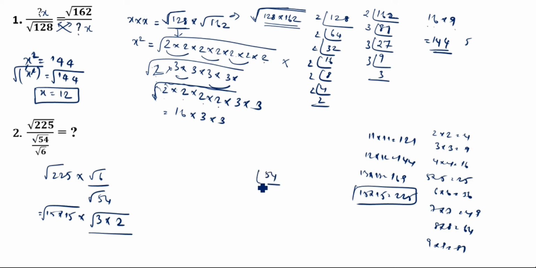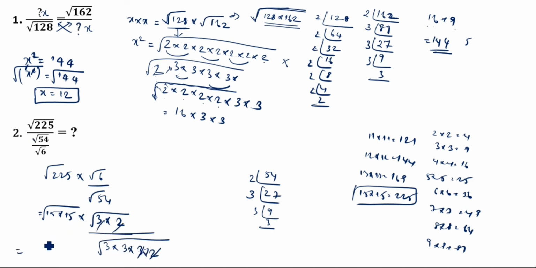you have to do LCM. 2 2s are 4, 2 7s are 14, 3 9s are 27, 3, 3. So 3 into 3 into 3 into 2. So under root, you see above and below 3 and 2, you have to cancel. So 3 into 3 is there.